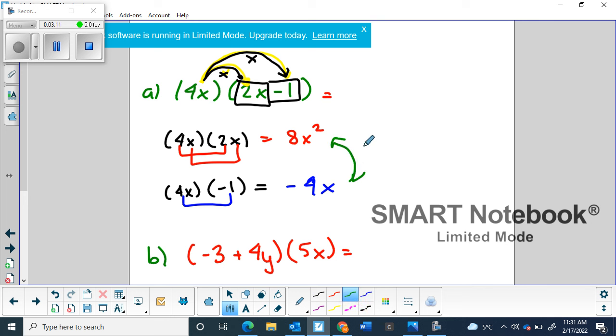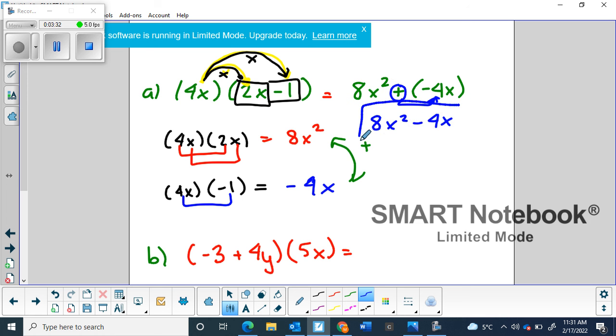So this is going to be 8x squared plus negative 4x. Now, we did learn that having two of these is unnecessary. Unless this is a minus and this is a minus, we can actually simplify this. This can be 8x squared minus 4x because they mean the exact same thing. And that's going to be our answer.